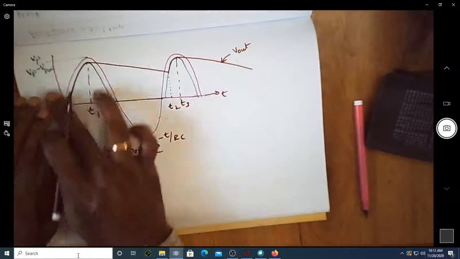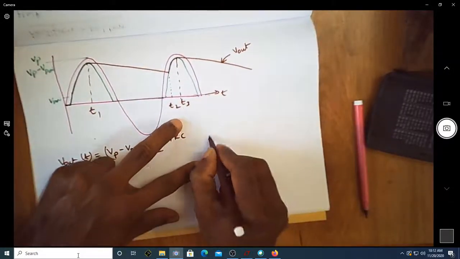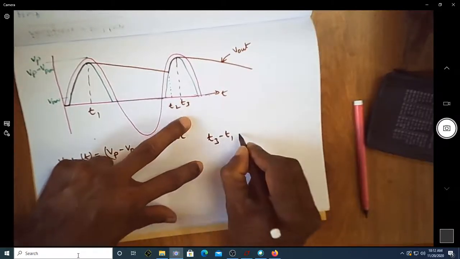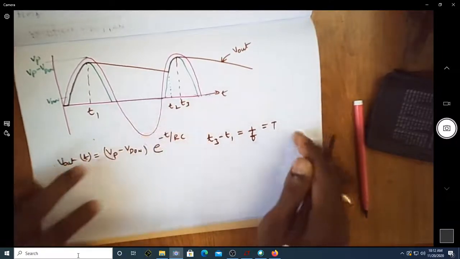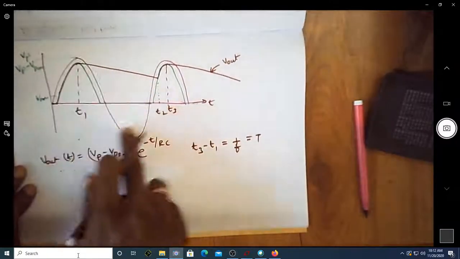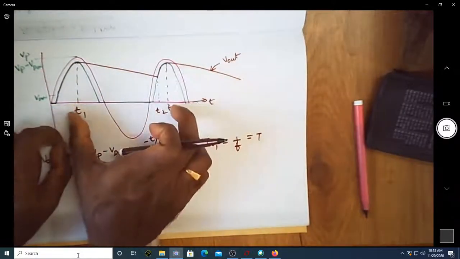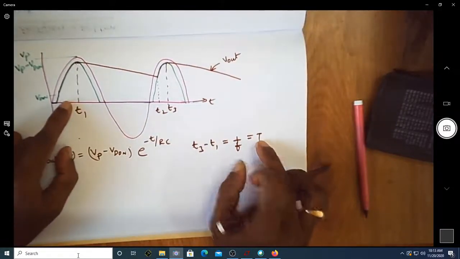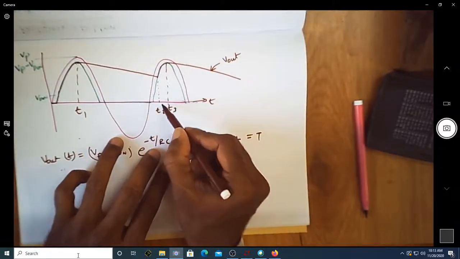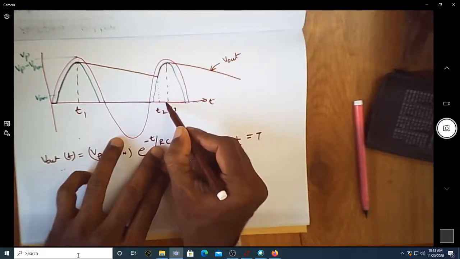If you consider the whole cycle, this is T1 to T3. Shall I say T3 minus T1 is equal to 1 over the frequency, the time period of that sine wave. You can see from here to here, this is one peak, this is the other peak. The separation between the two peaks is nothing but 1 over the frequency, which is equal to T. Now if we clearly observe, T2 is not actually too far away from T3.